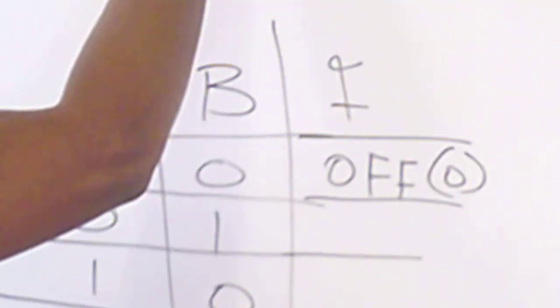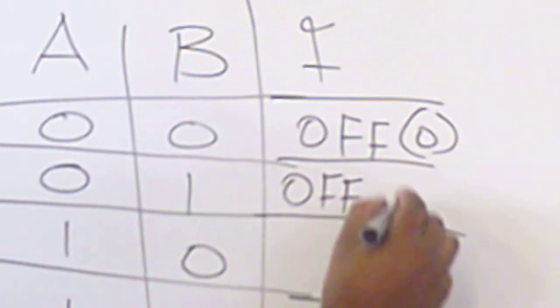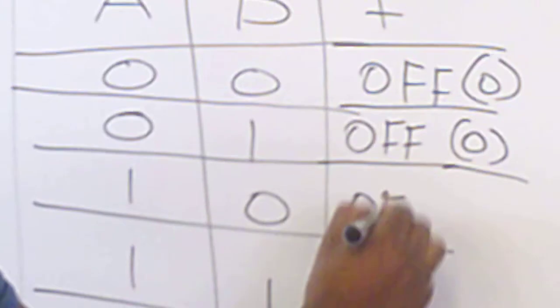Now, if all switches are open, current won't flow towards this light, and this light will be off, which is practically a 0. If I close B, current still won't get to the lamp and the light will be off, which is 0. I open this one, close this one, still I get an off.